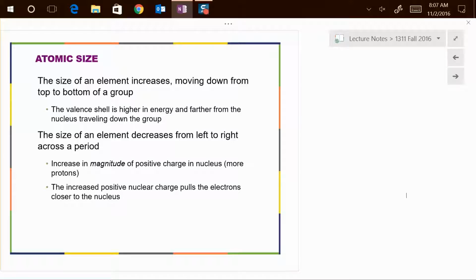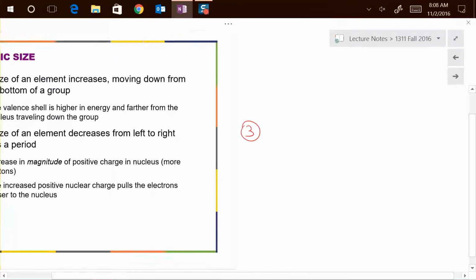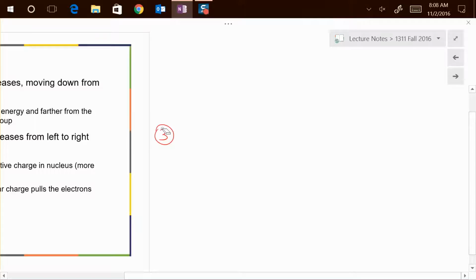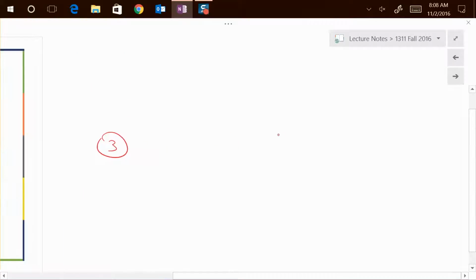The reason for that is if you consider lithium, here's the nucleus of lithium. How many protons are in the nucleus of lithium? 3 protons, right? How do I know that? Because it's number 3. Fluorine has how many protons? 9.